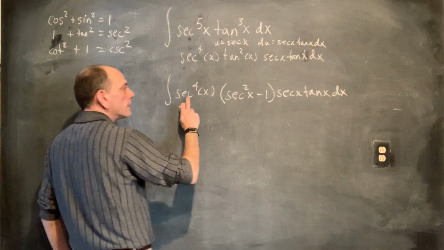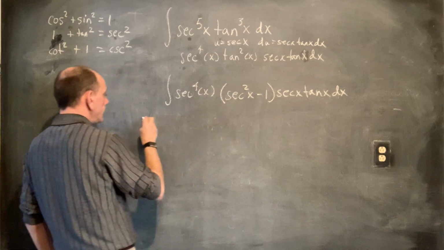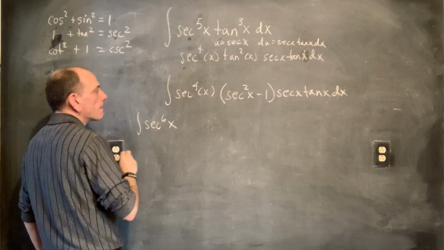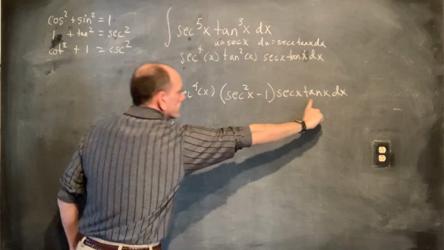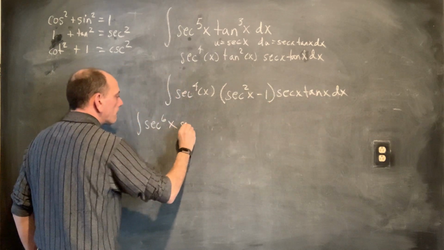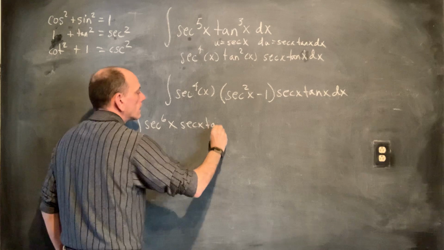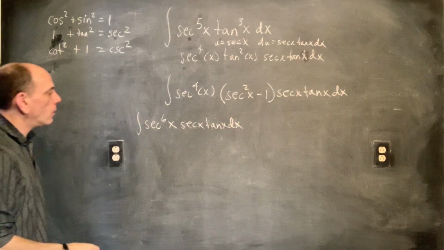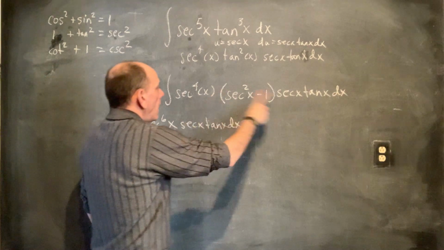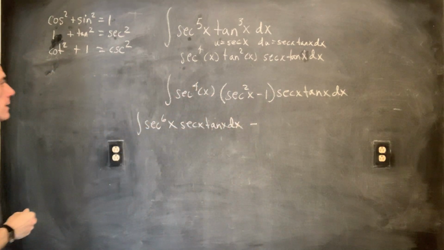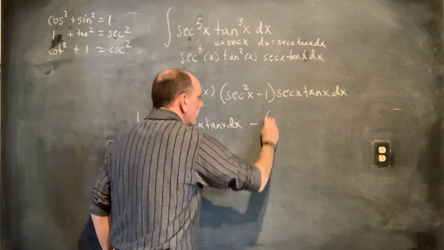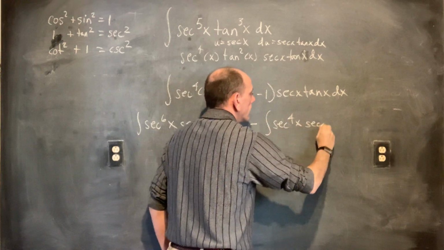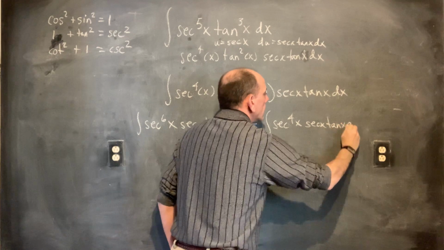Let's see, we've got secant to the sixth, then secant tangent dx. Cool. Minus, let's see, it's just a secant to the fourth, and then the secant tangent dx.